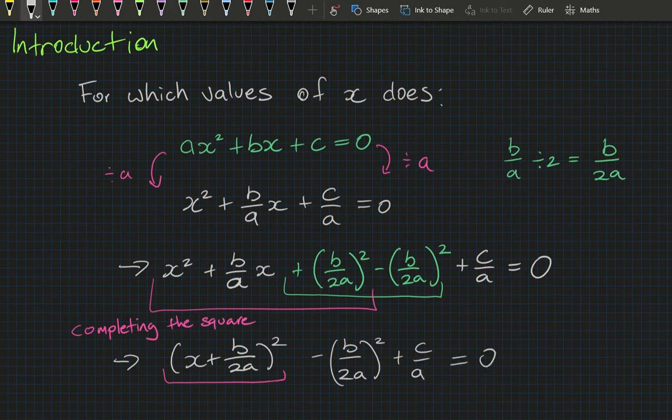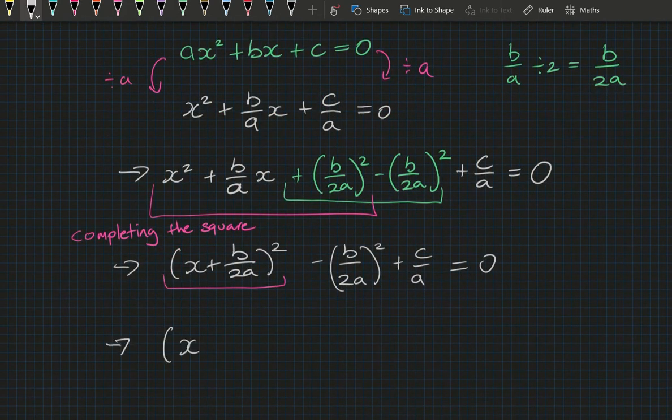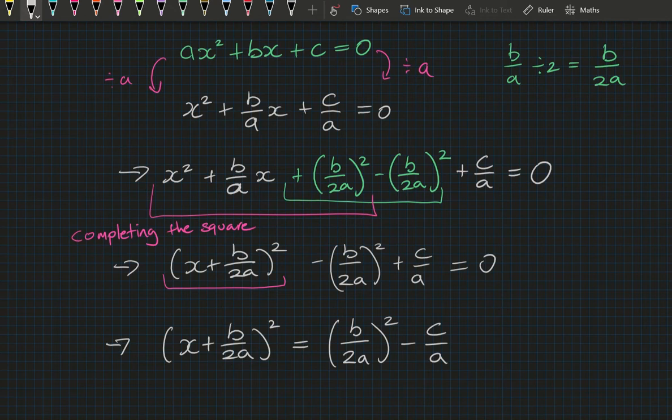Now, if we approach this like the alternative method I was speaking about in our last lesson, we can readjust this to x plus b on 2a squared equals b on 2a squared minus c on a. And obviously I've just subtracted across the b on 2a squared and the c on a. Just a hint of what's to come, c on a times 4a on 4a is really just c on a, right? Because the 4a on 4a is just 1.